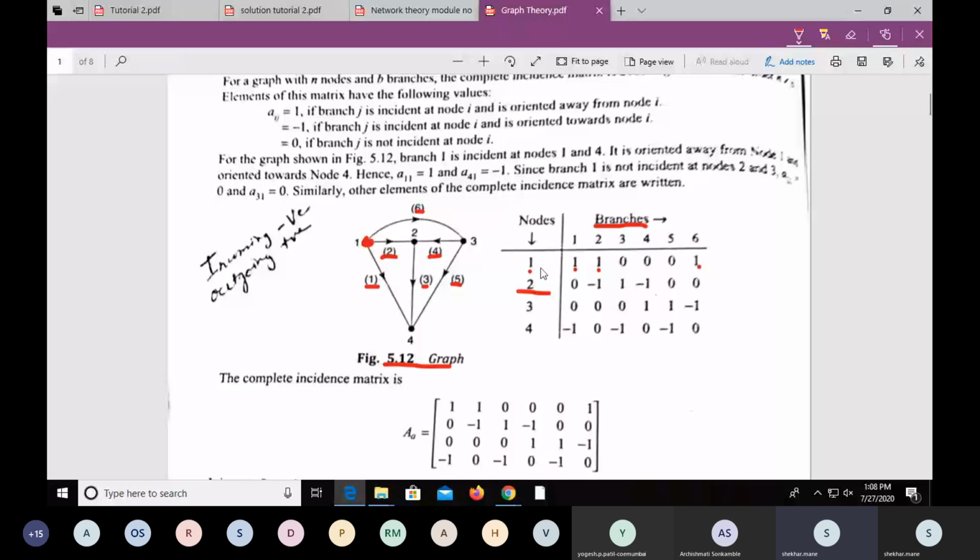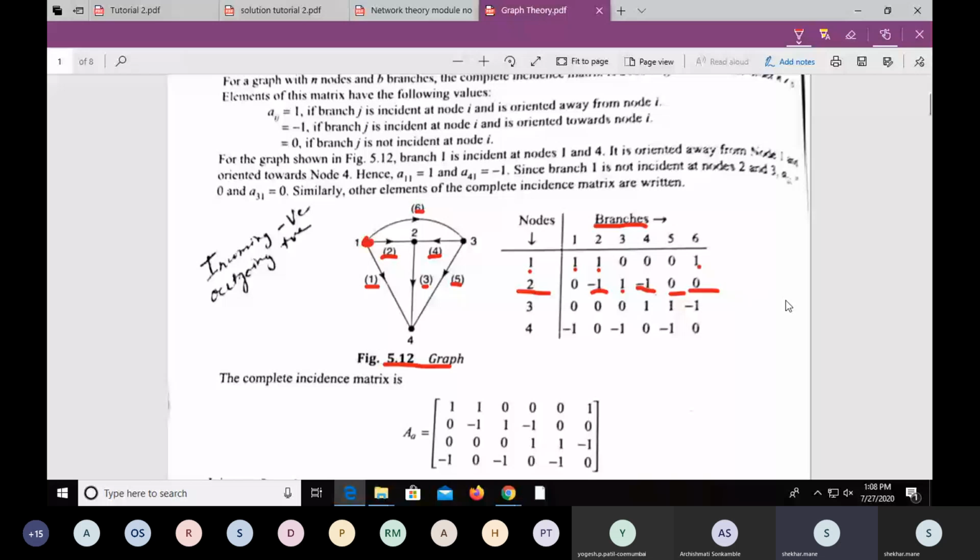So for incoming, you have to write -1. So for node 2, branch 2 is -1, branch 4 is -1. And the branch 3 arrow is outgoing, so we write 1. And branches 5 and 6 are not connected to node 2. That's why 0 is written.